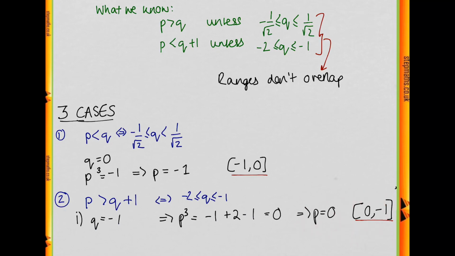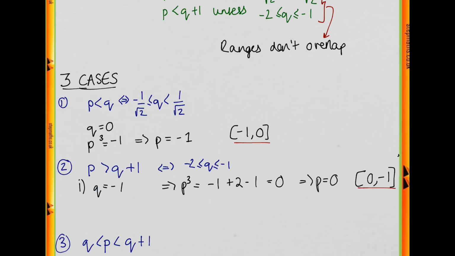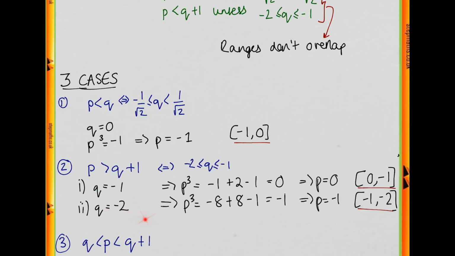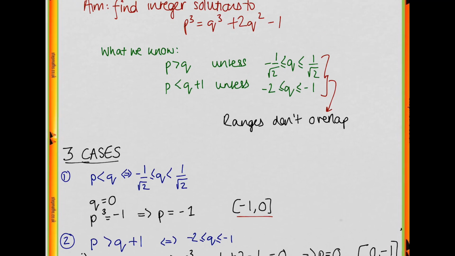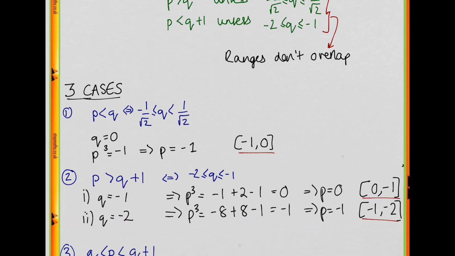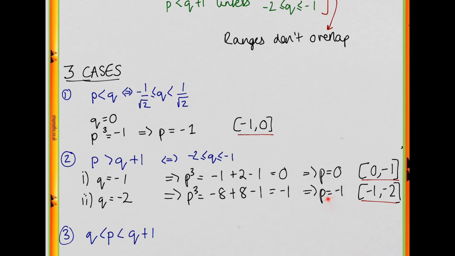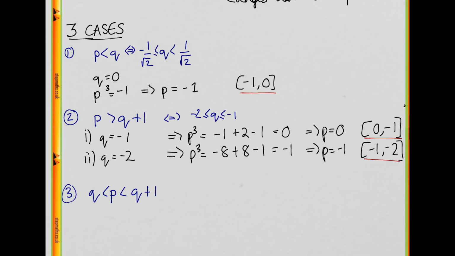So our solution is 0, minus 1 for p and q respectively. And then q is minus 2 is the other case. That gives us p cubed is minus 8 plus 8 minus 1, and that gives us p is minus 1. So our solution is minus 1 and minus 2 for p and q respectively.